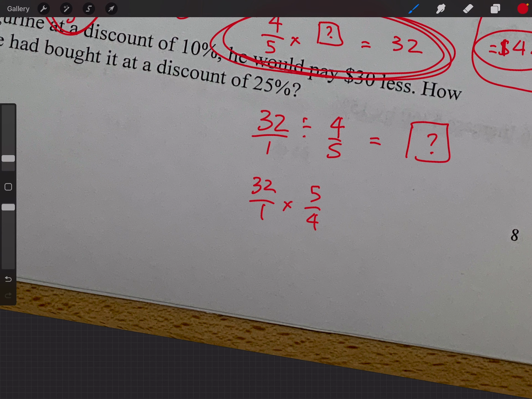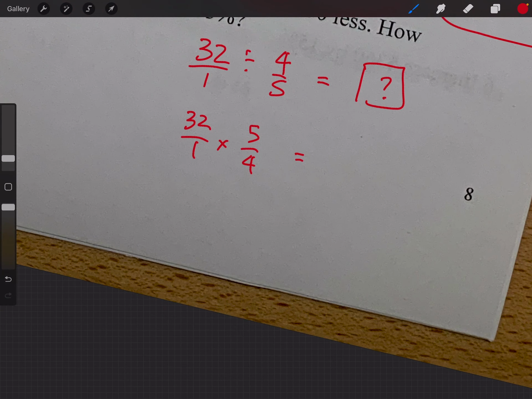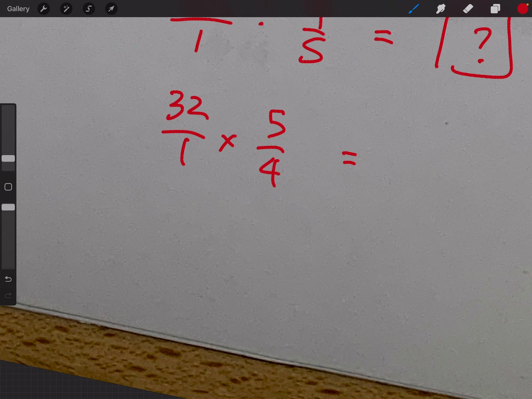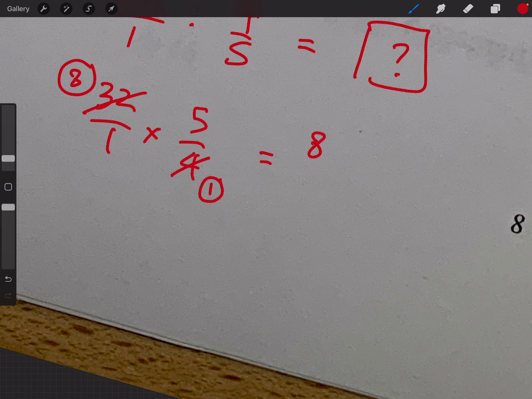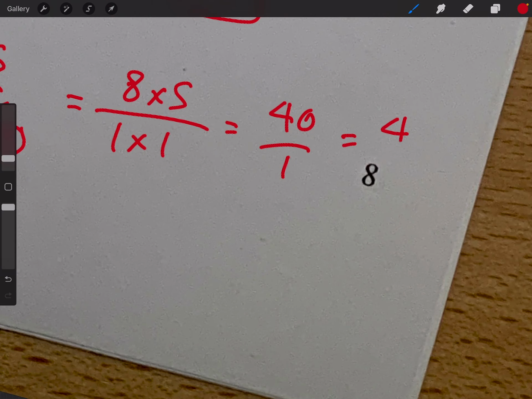We flip the second fraction. And let's have a look here. Okay, so the 4 and the 32 can be simplified. This can be divided by 4, gives you 1. This one divided by 4 gives you 8. So what I have is 8 times 5 over 1 times 1, which equals 40 over 1, which is just 40, a whole number.